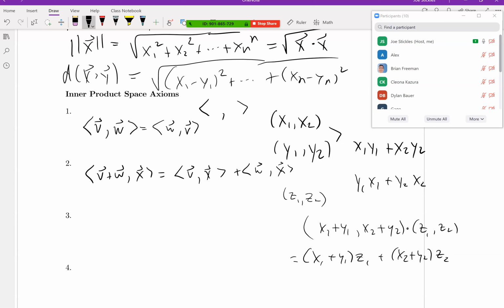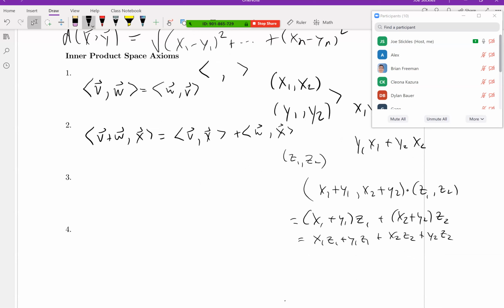Pardon me. And now this is all just real number multiplication. So I can distribute. And then, of course, regroup.